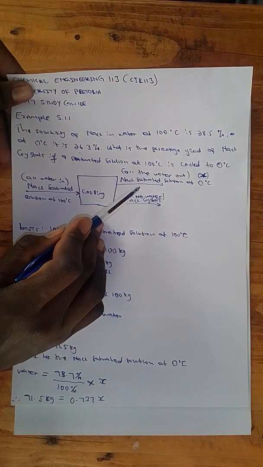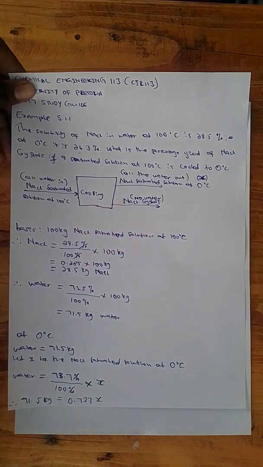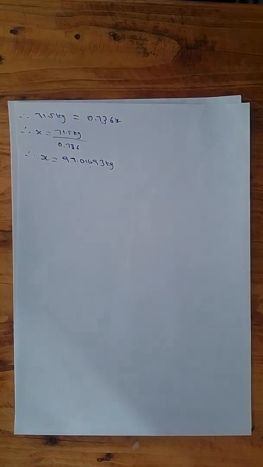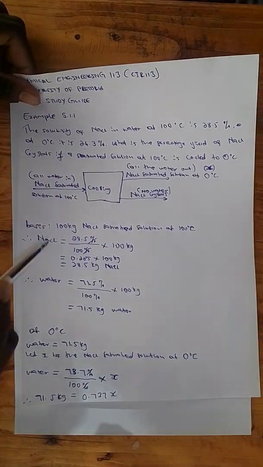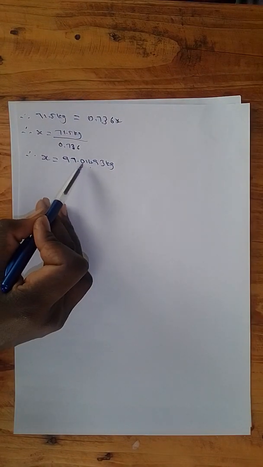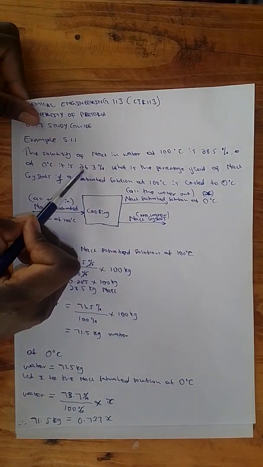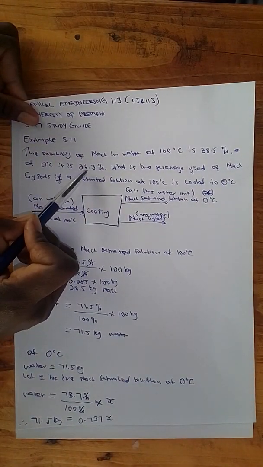We can do a mass balance of either the salt or the whole system, but I want to use the salt. It's a little bit longer, but there's something I like about it, and I wanted to highlight other things along the way. We know that X is 97.01493 kilograms, and the mass analysis of the salt is 26.3%.